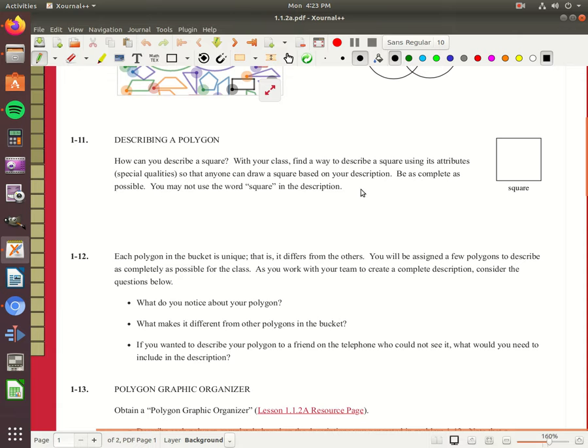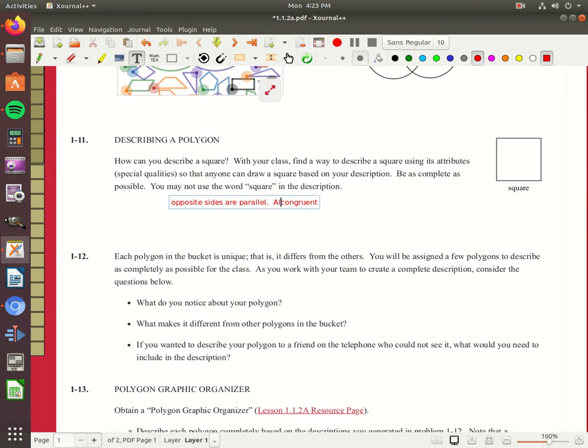Well, I would say the opposite sides, you know what? Let me do this. I would say opposite sides are parallel and congruent. Actually, let me change that. Not all sides are congruent. All sides are congruent.